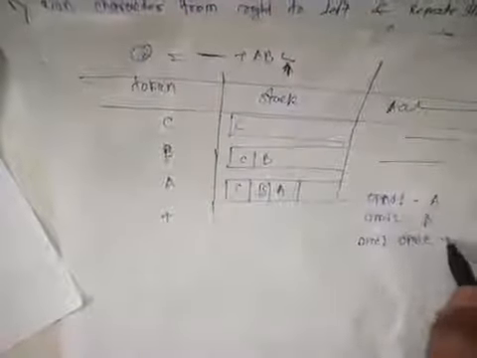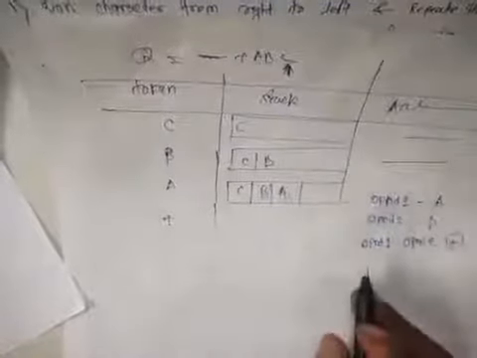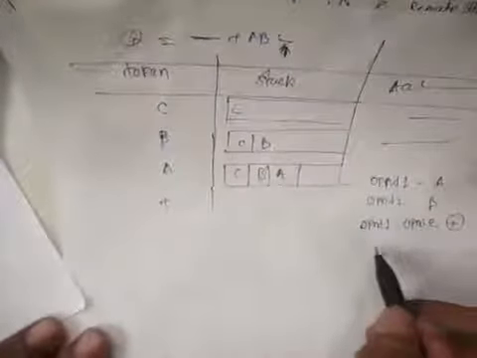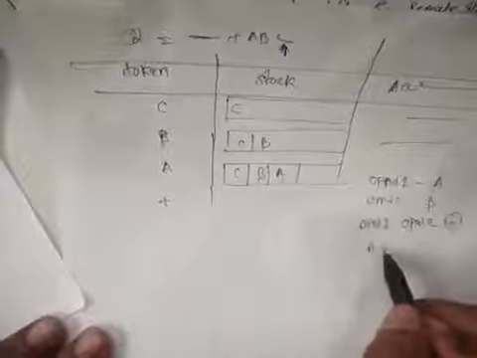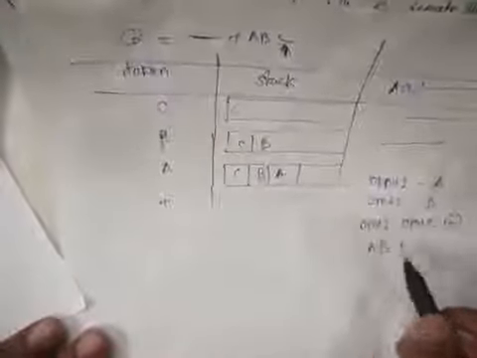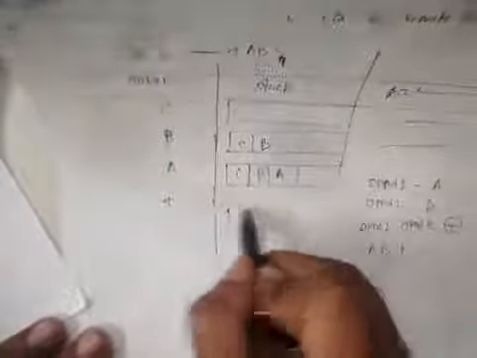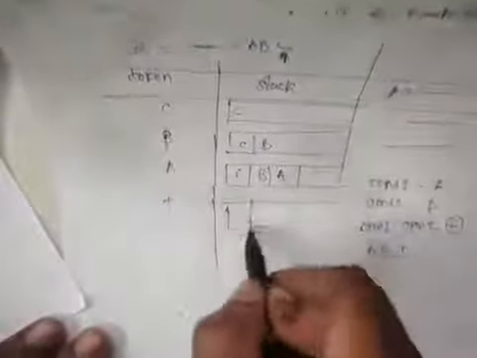So what do we get? A, B plus. This is what we are going to store on the top of the stack.